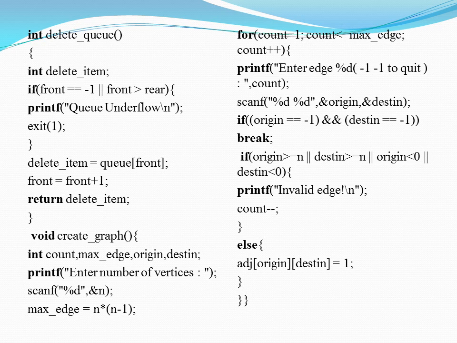Next, using if, we are checking whether there is an invalid edge. If there is an invalid edge, we are reducing the count value by 1 to remove that invalid edge. After that, we are setting the adjacency matrix value as 1 if there is a path, meaning adjacent of origin destination equal to 1.